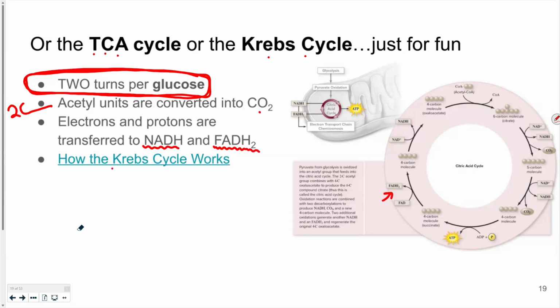In your lecture notes, you can use this link for a little animation from your textbook about the citric acid cycle or the Krebs cycle. Okay, let's do a quick overview. Our acetyl-CoA is going to come in, and that is going to bind our 4-carbon oxaloacetate.